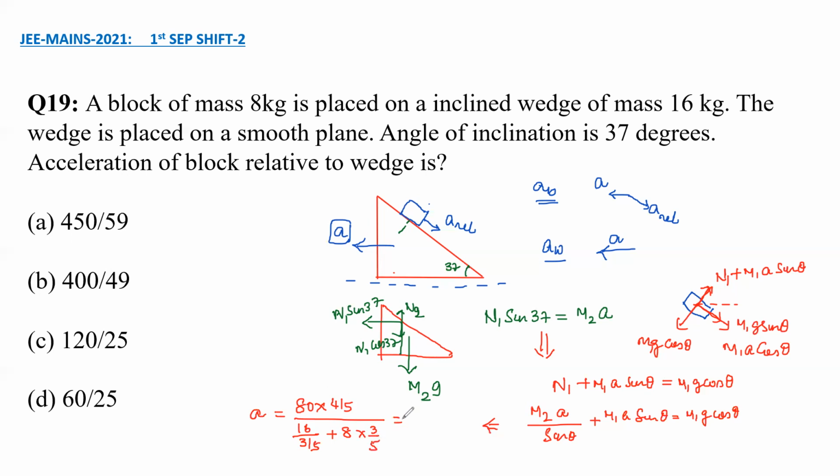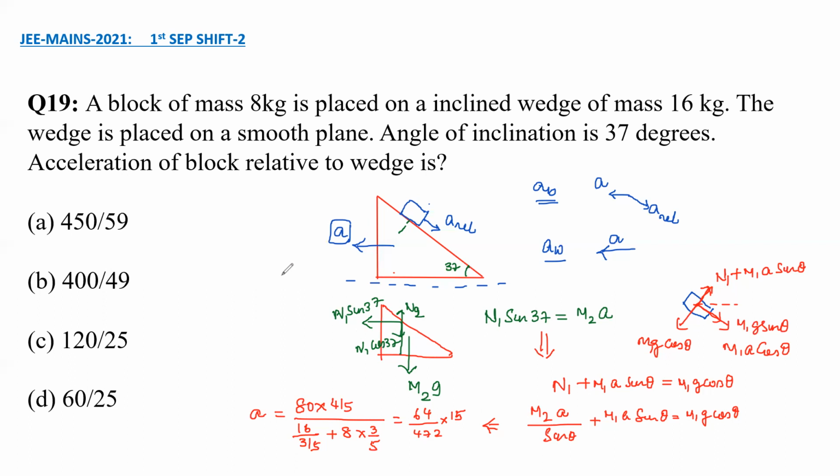Overall, the acceleration of the wedge alone comes out to be 64 divided by, this one is 80 by 3 plus 24 by 5. And that will be 472 upon 15. So 15 will go up. So this is the acceleration of the wedge.